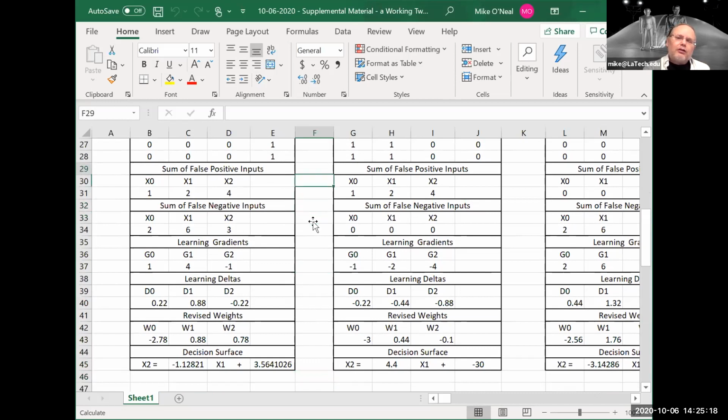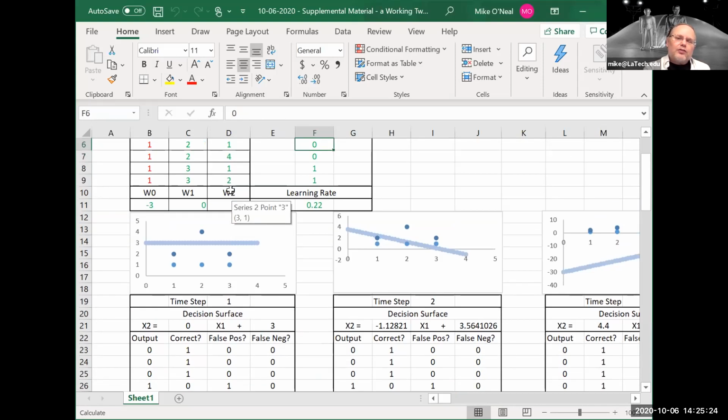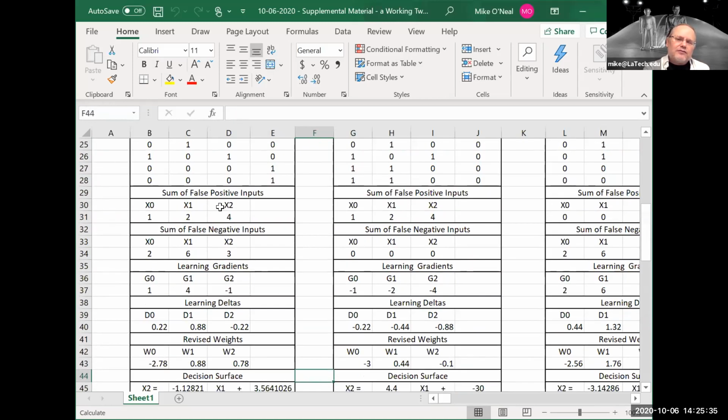Well, they are these two guys, right? They're false negatives. And what are the numbers associated with them? 1,3,1 and 1,3,2. So if you add those up, that's 2,6,3. And if we look under the sum of the false negatives, it's 2,6,3. See where these numbers are coming from?